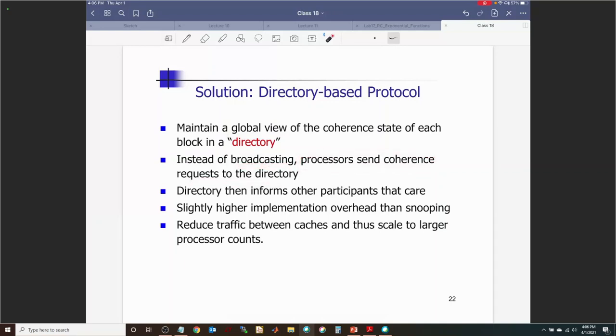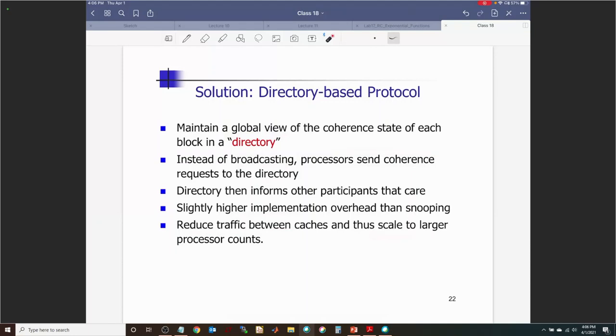So there is one global entity that is monitoring requests and the coherent state of all the blocks in the memory. It's still going to require higher implementation cost because you need to maintain that directory, but that is going to significantly reduce the traffic between the caches, which also means that you can scale this to larger processor counts.